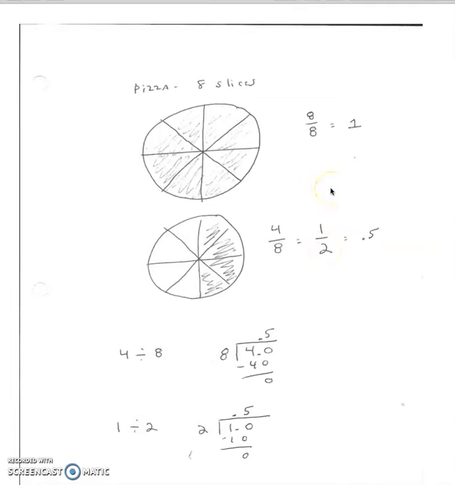Now, when we divide 1/2, I did the division right down here. 1 divided by 2 as a decimal is 0.5. So when we talk about decimals and fractions, those are 2 different ways of representing the same number.